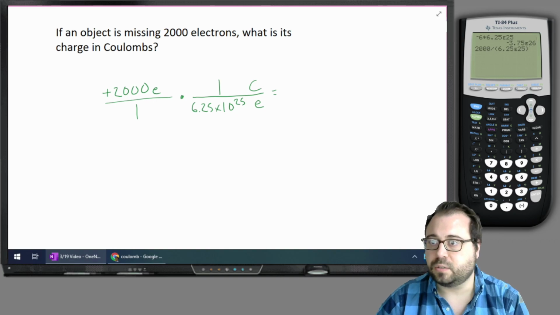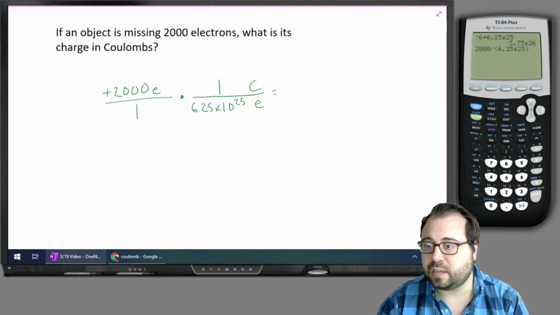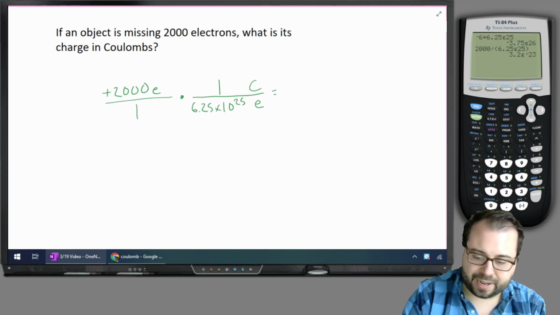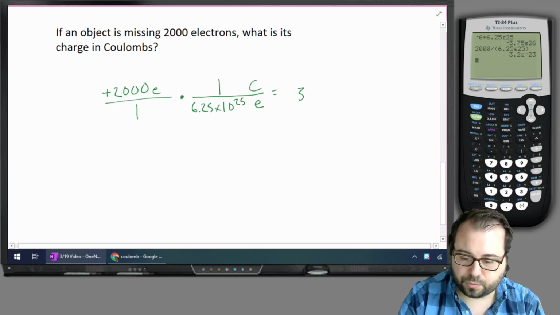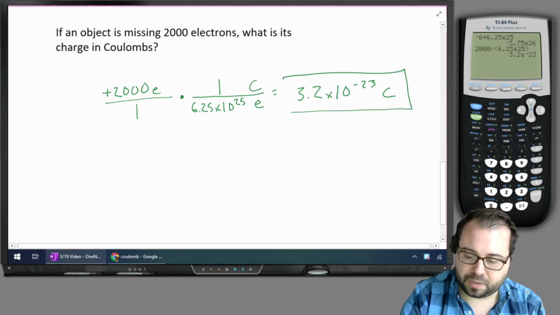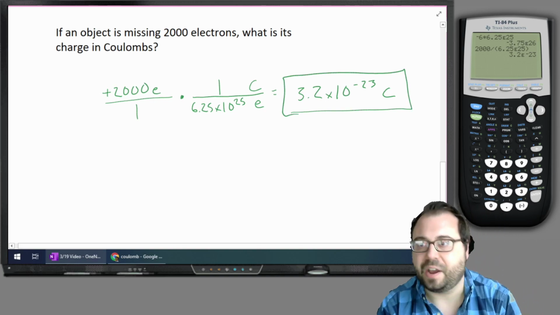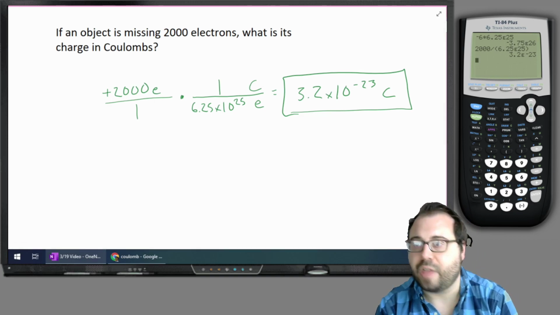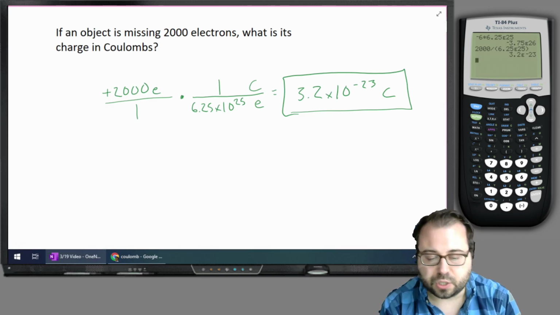I'm going to close that, and here we go. So now we have our answer. Our answer is 3.2 times 10 to the negative 23rd coulombs. So that would be the charge of that object if it was only missing 2,000 electrons.